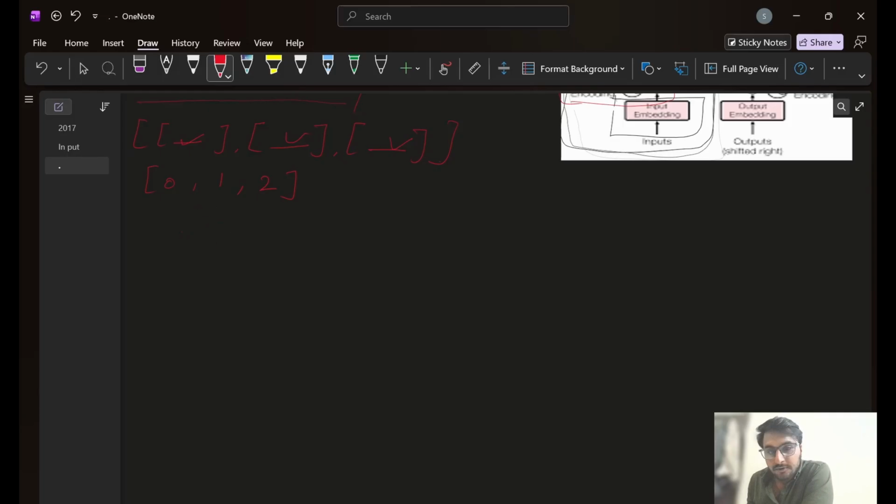The formula mentioned in the research paper: for an even index, PE(pos, 2i) = sin(pos / 10000^(2i/d)), and for an odd index, 2i plus 1, PE(pos, 2i+1) = cos(pos / 10000^(2i/d)).